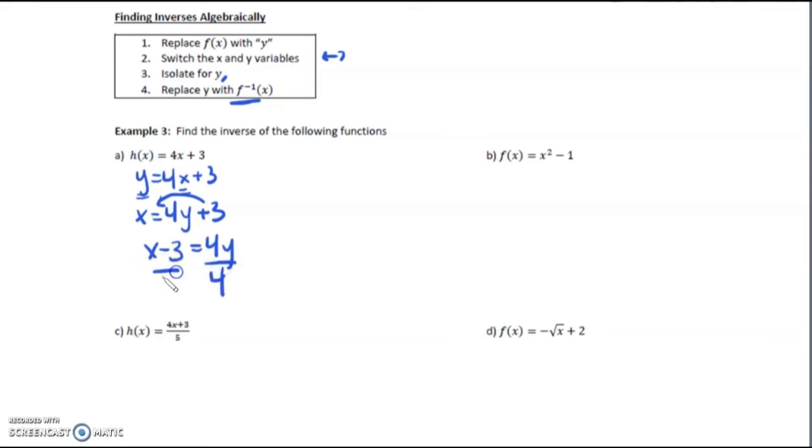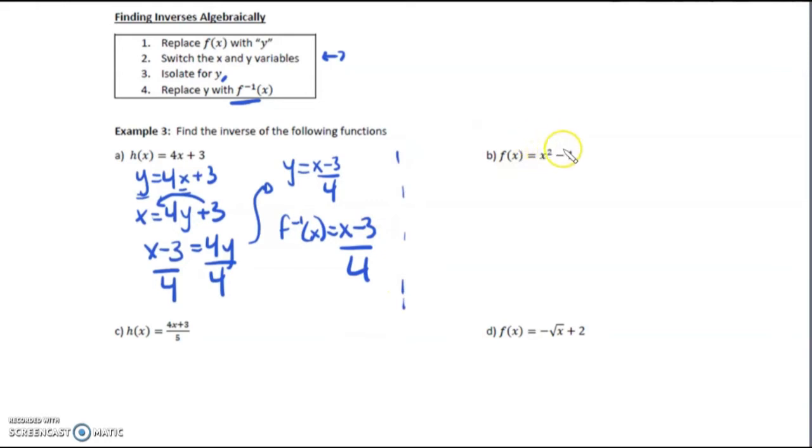Divide out the 4. I get y equals (x minus 3) over 4. And then we have to write it as f inverse of x equals (x minus 3) over 4. Okay, so the inverse of a linear function is also linear.